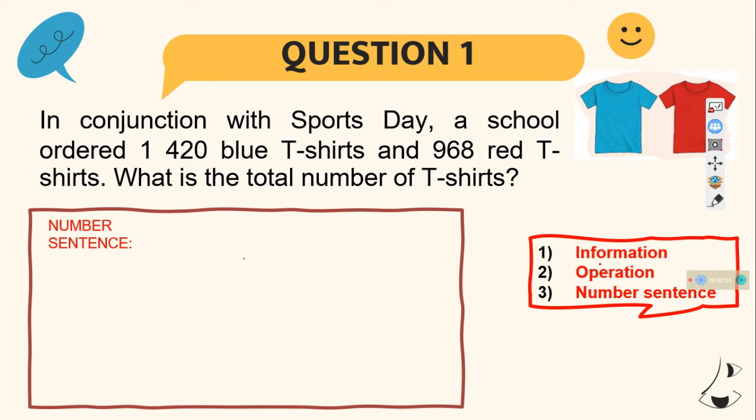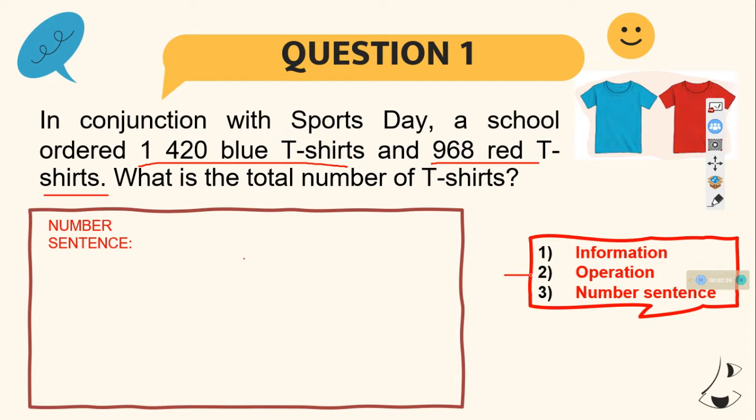The first one is information. What type of information do you get from this sentence? This one, 1,420 blue t-shirts and 968 red t-shirts. These are the informations that they give in the question.